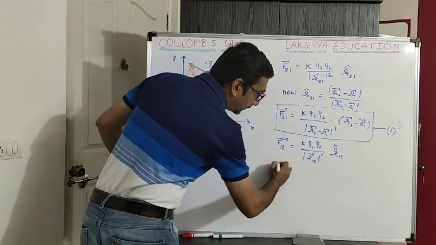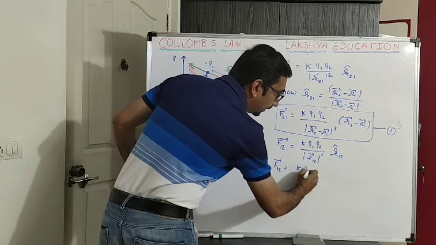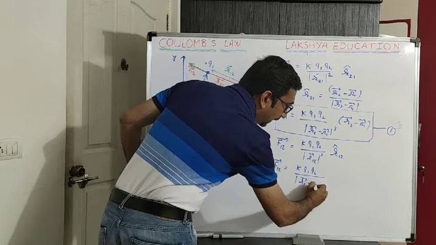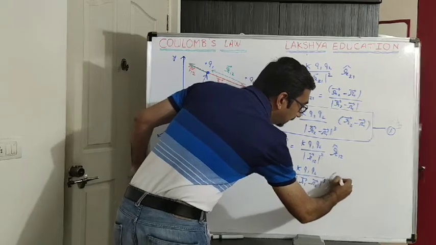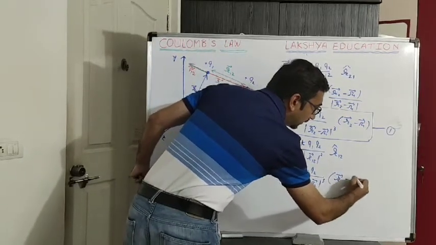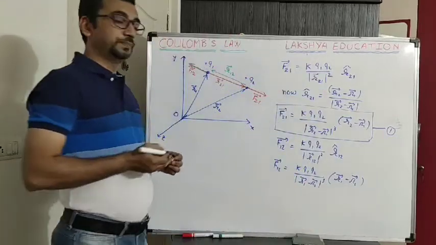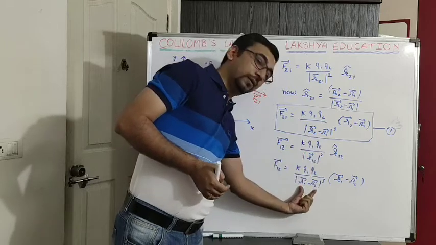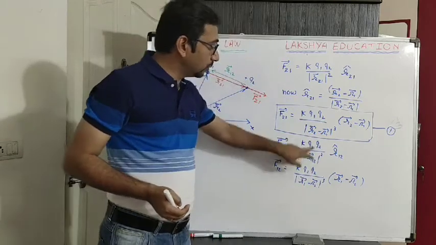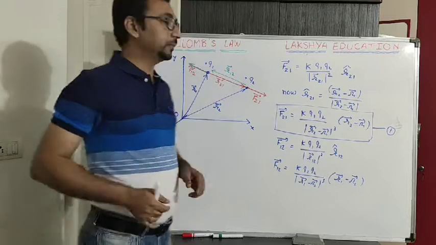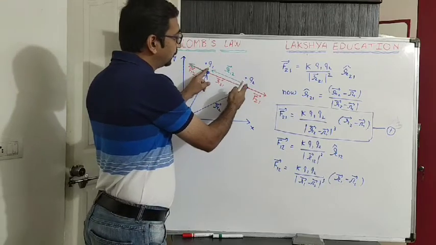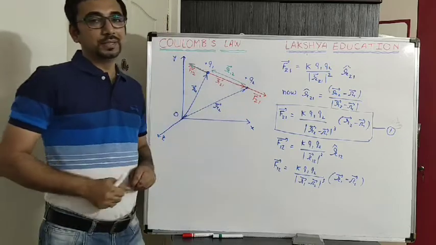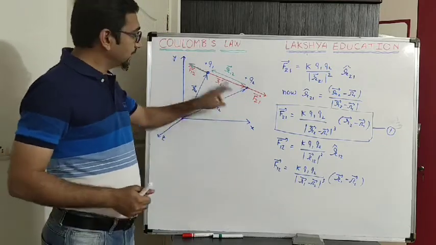So F12 is equal to K q1 q2 upon the magnitude of r1 minus r2 cubed, in bracket r1 vector minus r2 vector. Now see here, in modulus, r2 minus r1 or r1 minus r2, these both are the same as a magnitude. The r1 minus r2 magnitude is the length of this one, and similarly the r2 minus r1 magnitude is also the length, the distance between the same points.